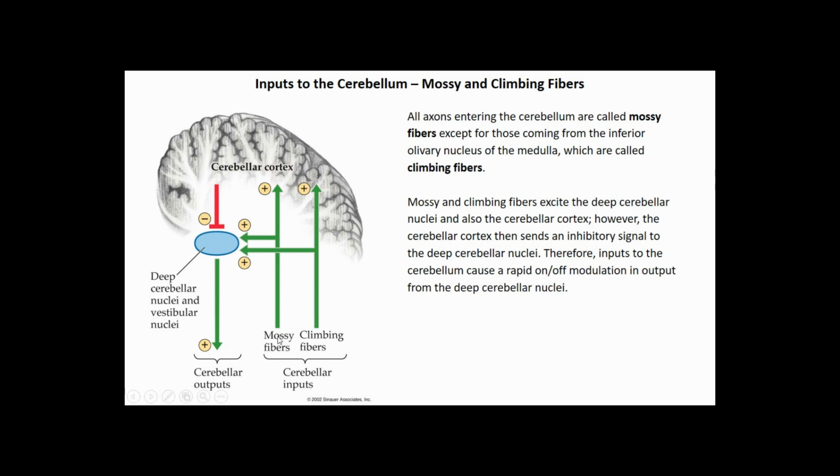Pretty much every input to the cerebellum is what's known as a mossy fiber, except for those coming from an area of the medulla called the inferior olivary nucleus, which are called climbing fibers. So once they get into the cerebellum, they behave in similar ways in the gross sense here on this slide, but we'll go into the particulars of how they look different and how they act differently when we get to the actual histology of the area.